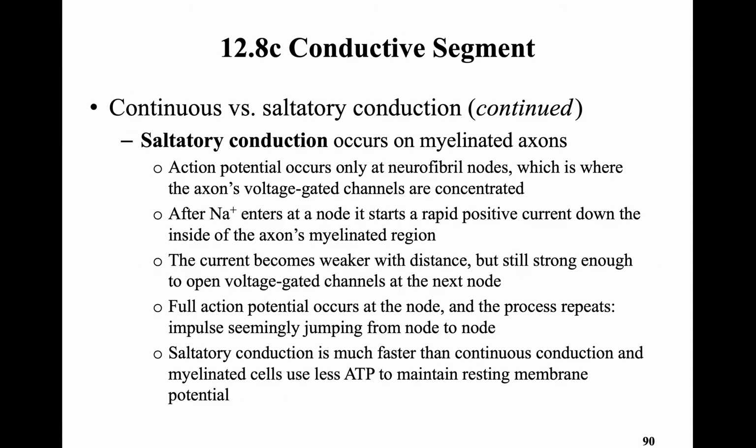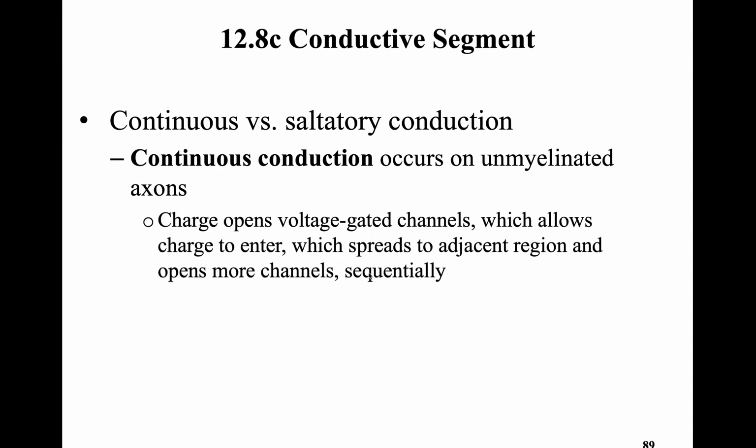Okay, now I'm on this slide, and this one is called continuous conduction. Now what we're going to look at is this line right here. This is something I've actually already taught you, but I've never mentioned it until now. We've already said that unmyelinated neurons are what color from a previous chapter? Unmyelinated neurons are gray.